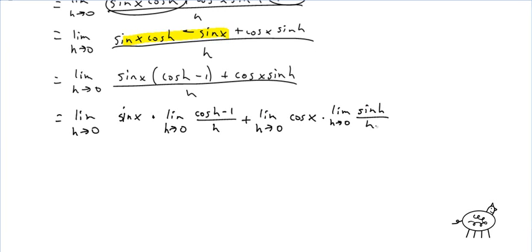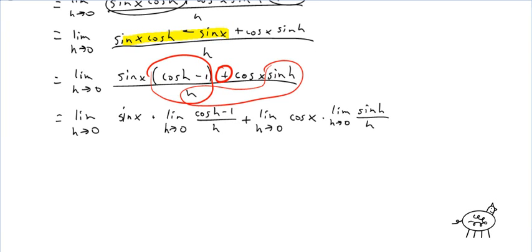Okay, so make sure you know what you're doing here. Basically I broke it up into two separate limits because of this plus sign, and I let that h go with the cosine of h minus 1 on top, and for the other side I said this sine of h went with that h.